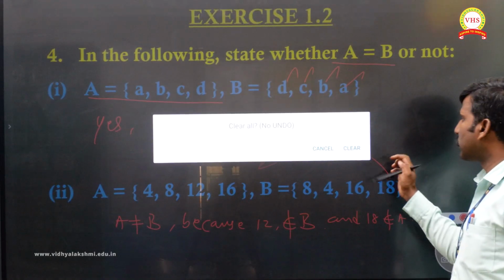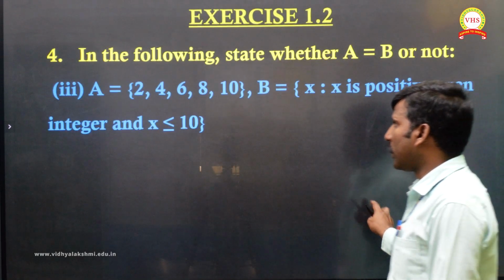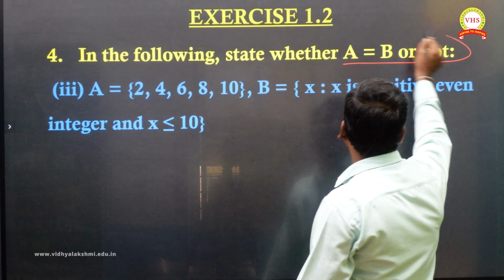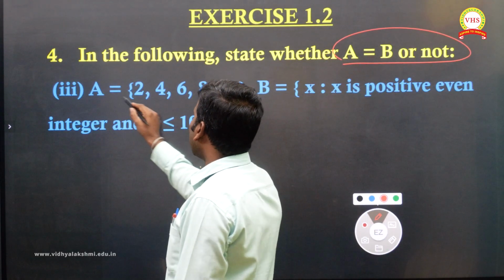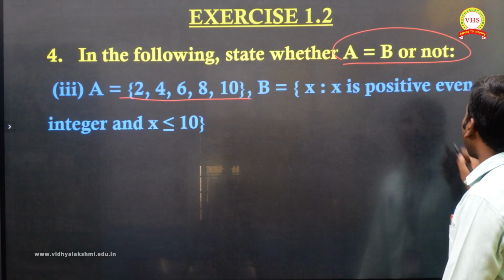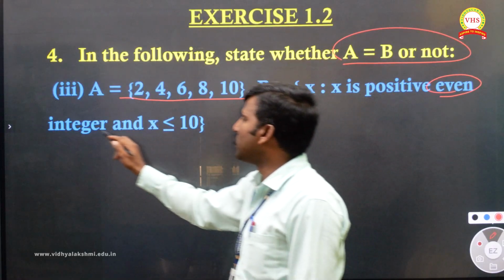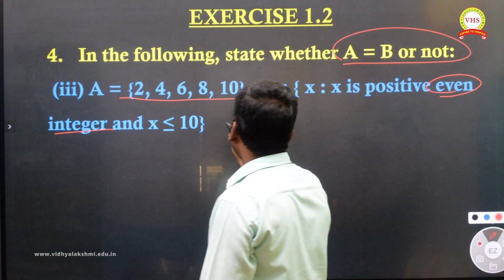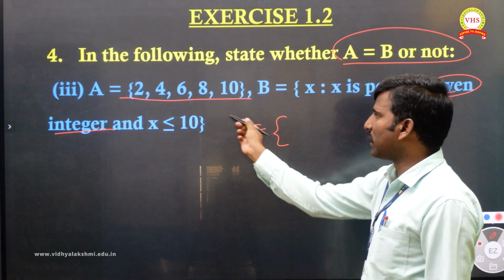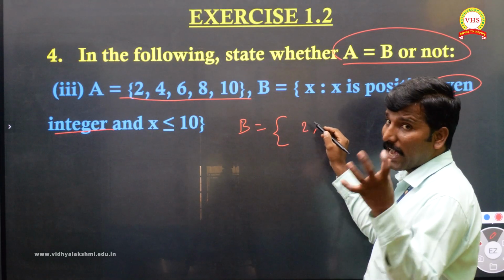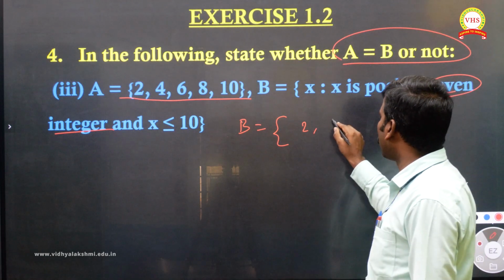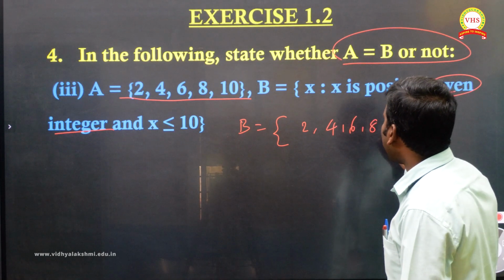So equal in the sense, the same numbers must be there in the given sets. Now in the following, A and B are equal or not. So this is 2, 4, 6, 8, 10 they give. B equals positive even integers less than or equal to 10. Then B can be what? B is an even positive integer, less than or equal to 10. Even means 2, 4, 6, 8, 10.